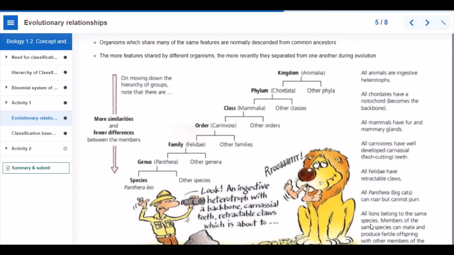All lions belong to the same species. Members of the same species can mate and produce fertile offspring with other members of the same species. This is for animals, showing the evolutionary relationship from heterotrophs to species, from kingdom to species.